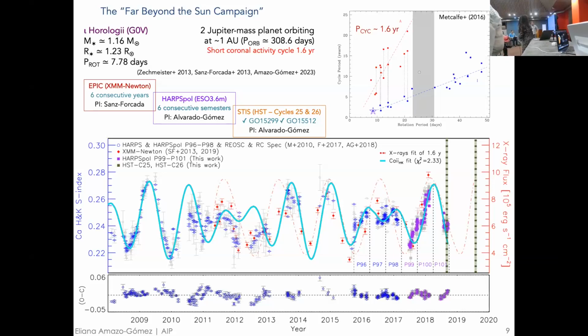Well, what we think is that the rotation period of the star, located around 7 days, gave us the first approximation to a single period, but in this case we got a beating period. We have a double cycle that is not easy to understand.